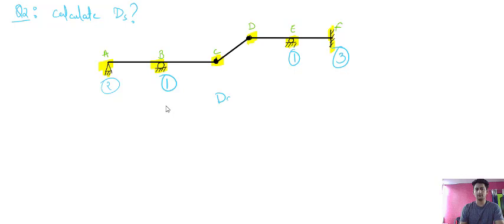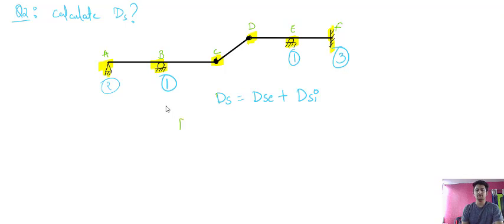The formula for calculating DS will be DSE plus DSI, that is external plus internal. We have two approaches: either you directly remember the formula of the rigid frame calculation for the degree of static indeterminacy of the beam, or you follow these steps by calculating the external indeterminacy and then the internal indeterminacy.